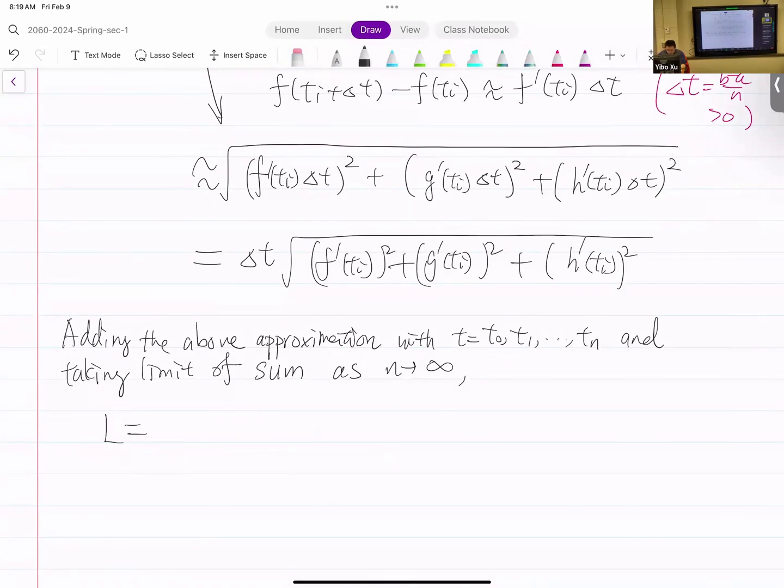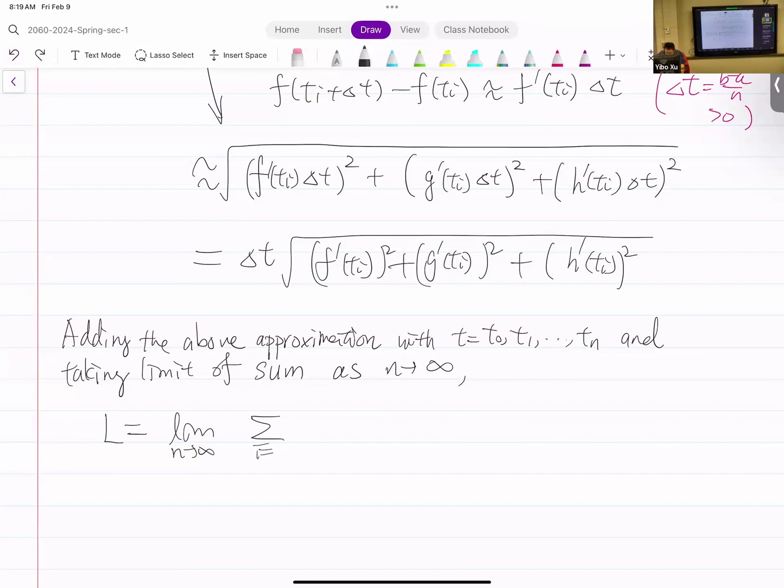So L representing the arc length, we know the more pieces, the better, right? So when n approaches infinity, we want to get the limit. The limit of what? The limit of the sum of all the line segments.